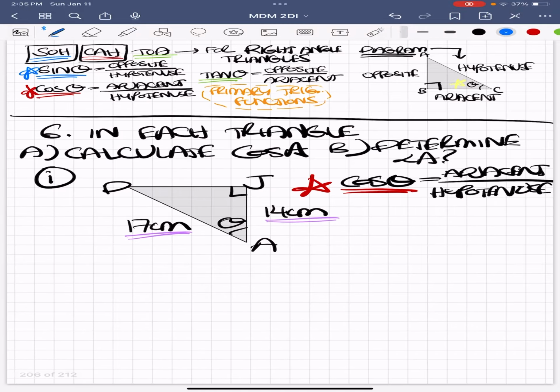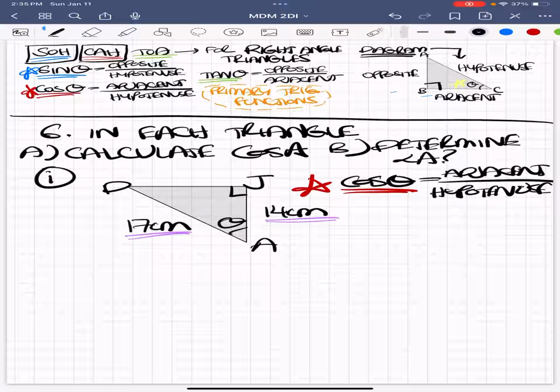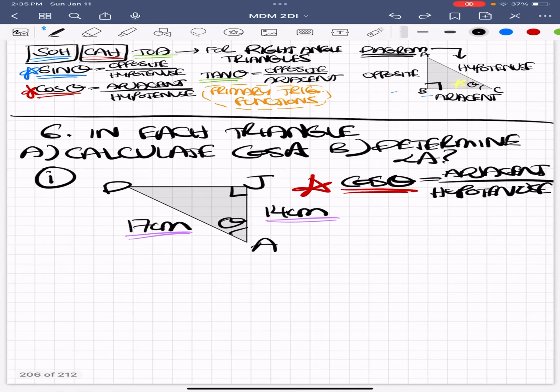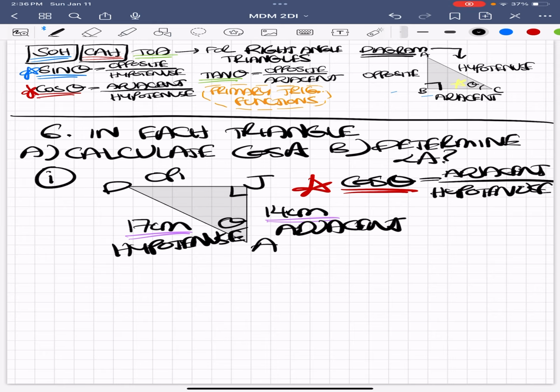And now we're moving on to the cos function. So we have our adjacent side, then we have our hypotenuse, and then we have our opposite side.